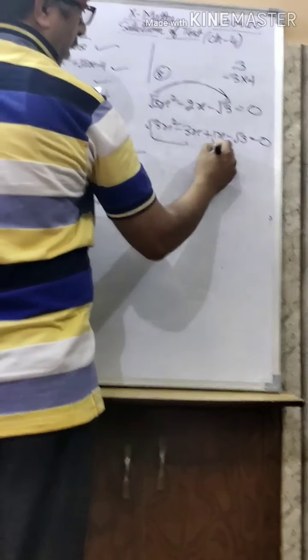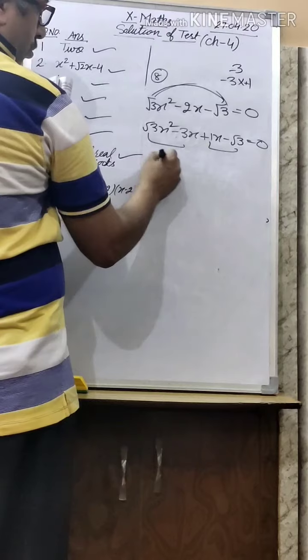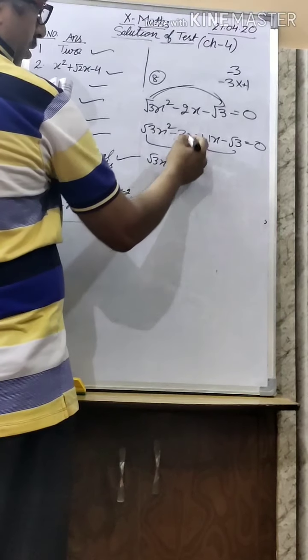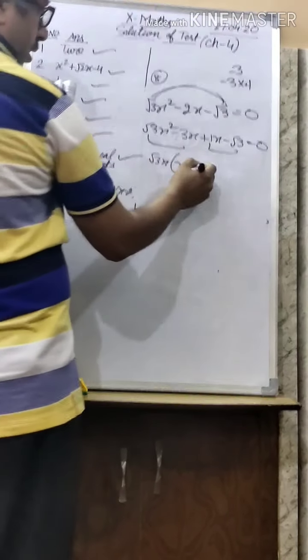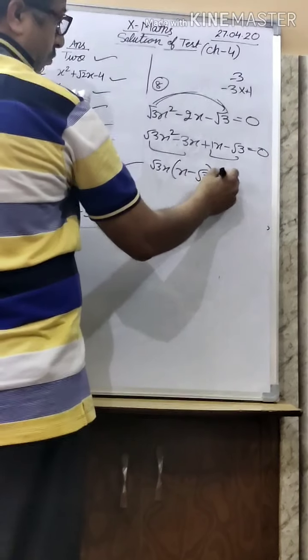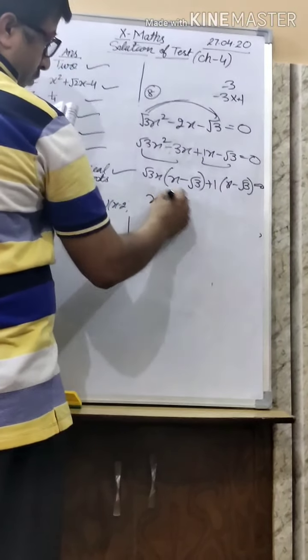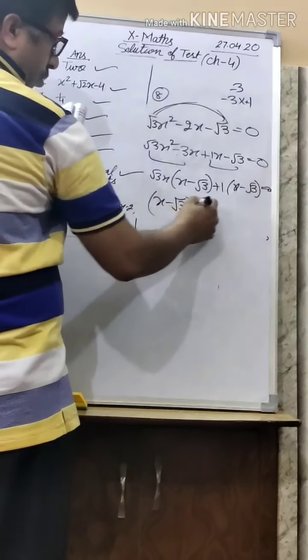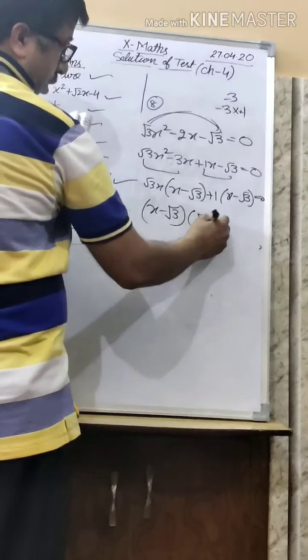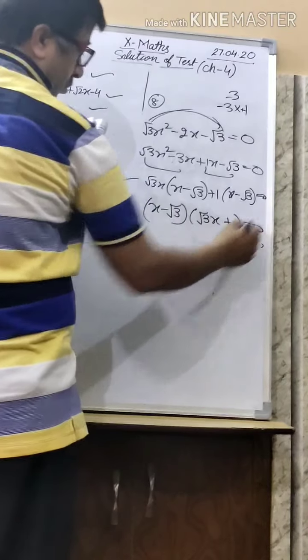So now first 2 and last 2. Root 3x common, x minus root 3. So minus root 3, 1 common, so x minus root 3 and root 3x plus 1.